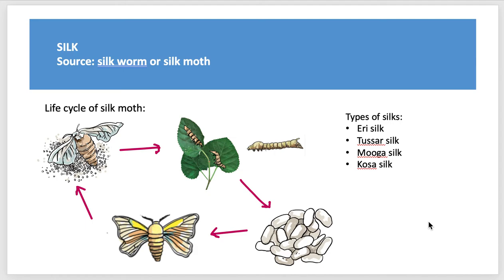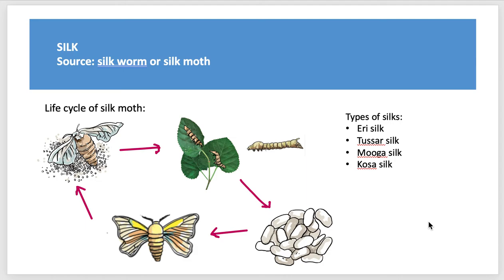For building this cocoon, it keeps spitting out or releasing this kind of protein, which becomes hard when it dries in air. Just how when you make something out of clay and leave it outside to dry, it dries because it comes in contact with the air.